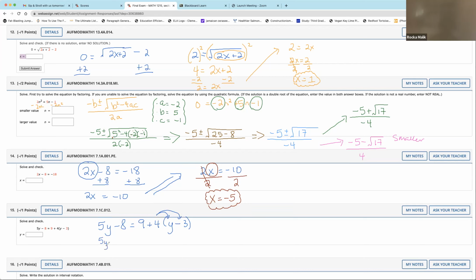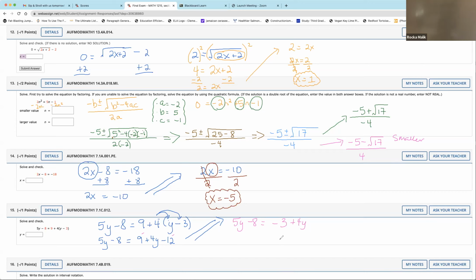So 5y minus 8 equals 9 plus 4 times y is 4y. 4 times negative 3 is negative 12. I'm going to write it over. 5y minus 8 equals 9 minus 12 is negative 3 plus 4y.